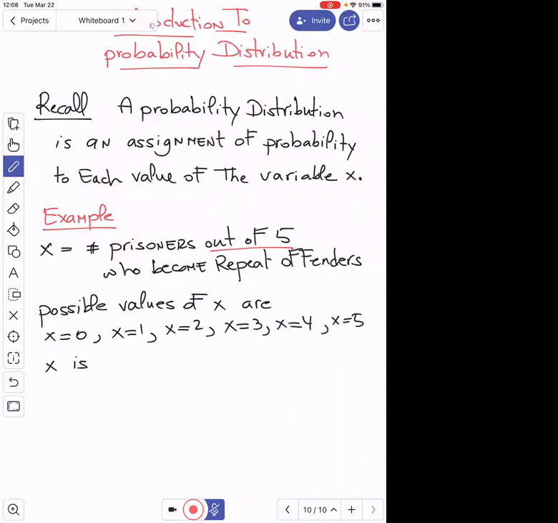It's a discrete variable because it takes on only a finite number of values.